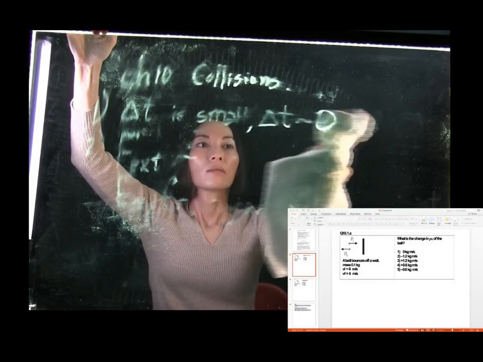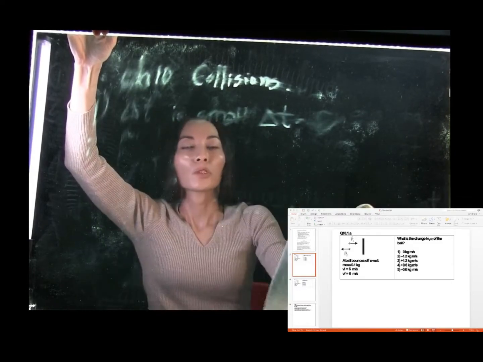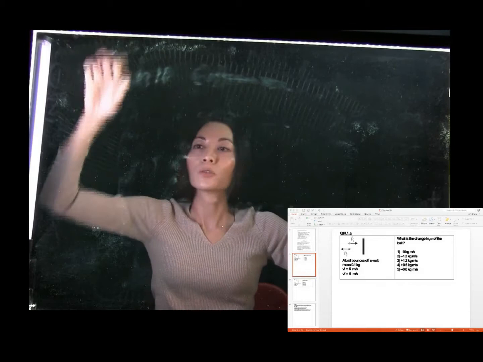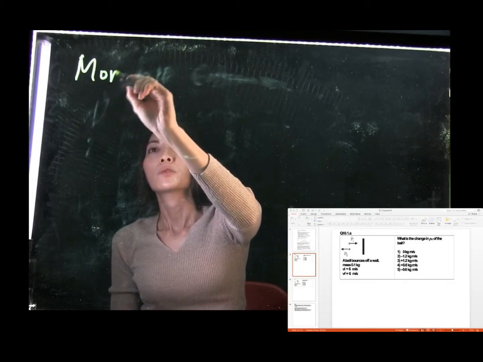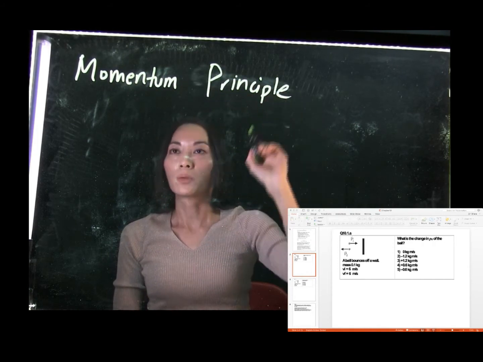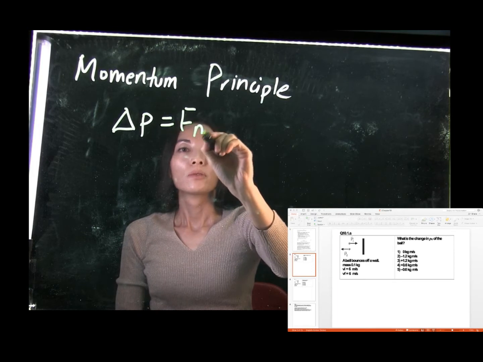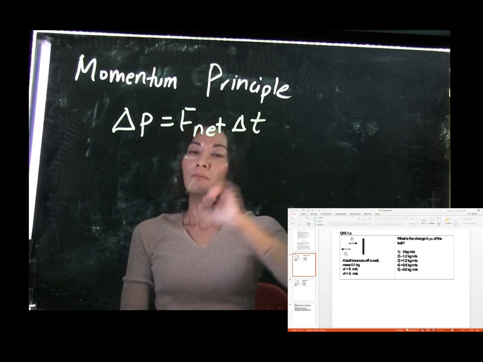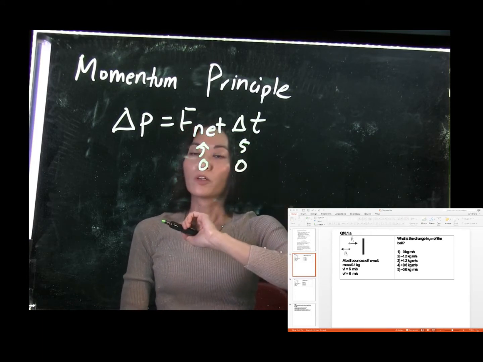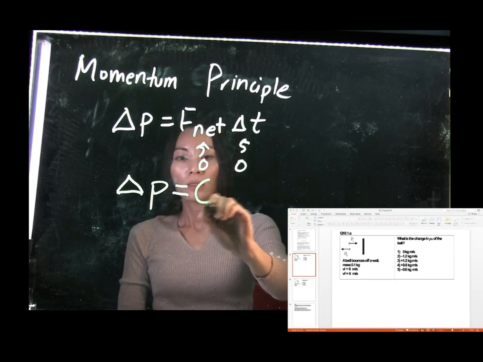Since the time duration delta t is very small during collision, and the influence of the external forces is virtually 0 during collision, we can apply the momentum principle in this way: delta p is equal to F net delta t, where F net is virtually 0 and delta t is very small, so therefore the change in momentum of a collision is 0.